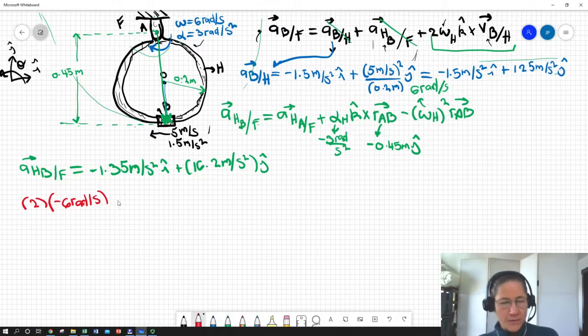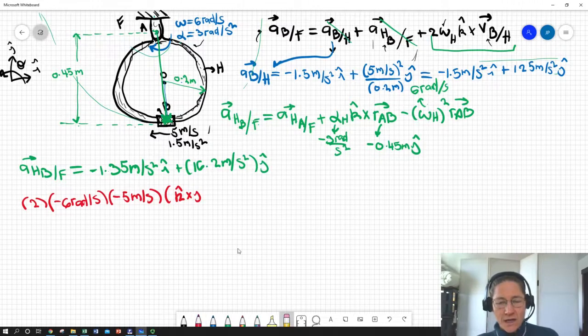And we're going to end up crossing that. That's in the k-hat direction. We're going to cross that into our velocity of B within the hoop reference frame, which is negative I hat. So that's going to be negative 5 meters per second, K hat cross I hat.